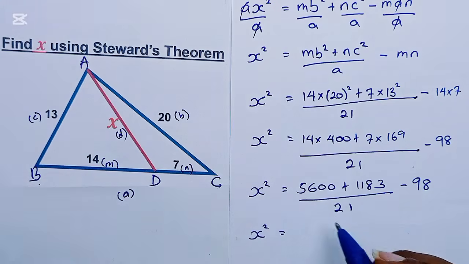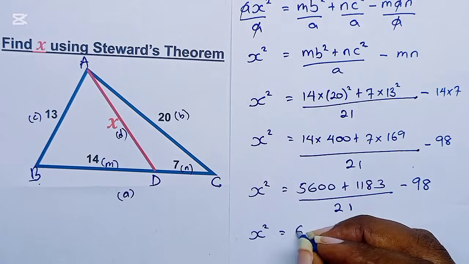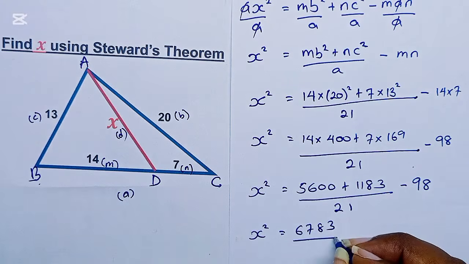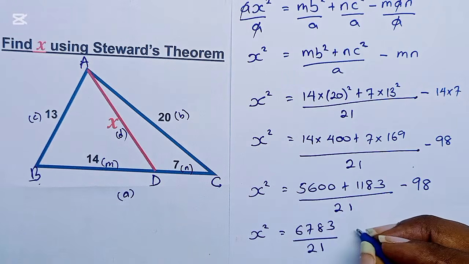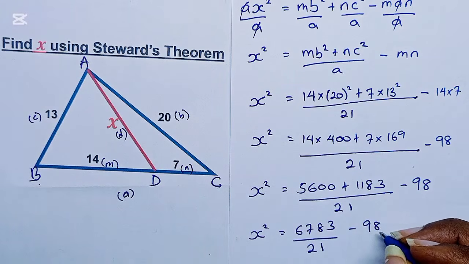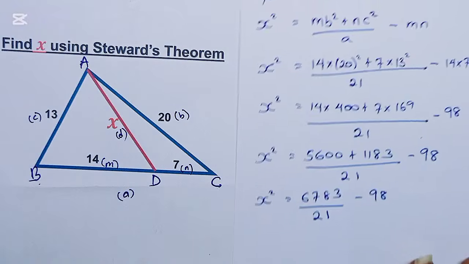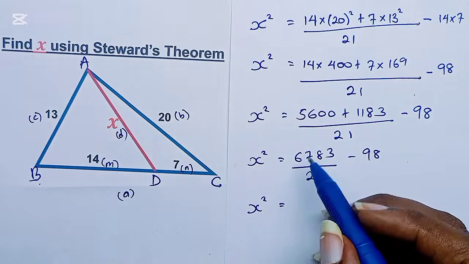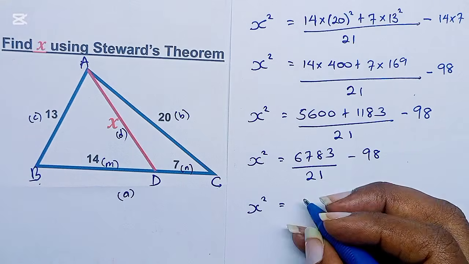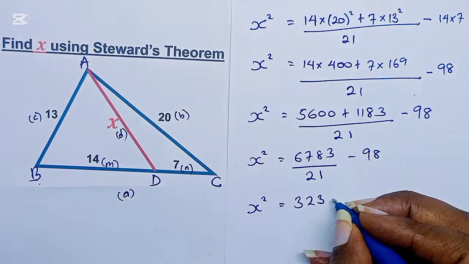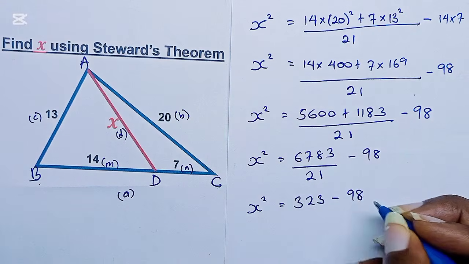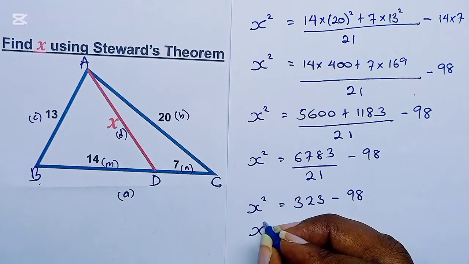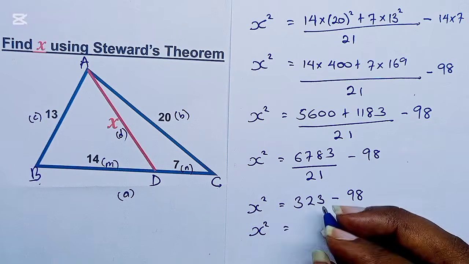X squared is equal to 6783 over 21 minus 98. X squared is equal to, this divided by 21 gives us 323 minus 98.